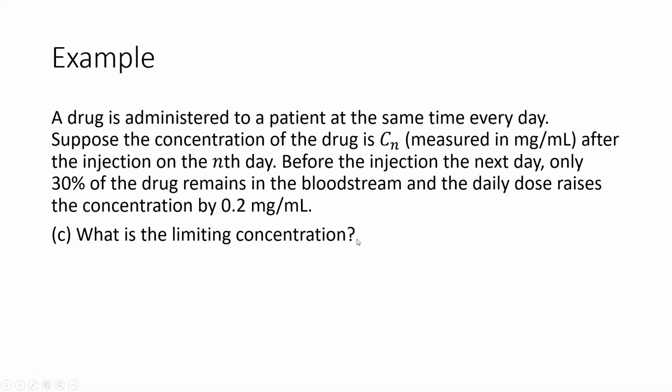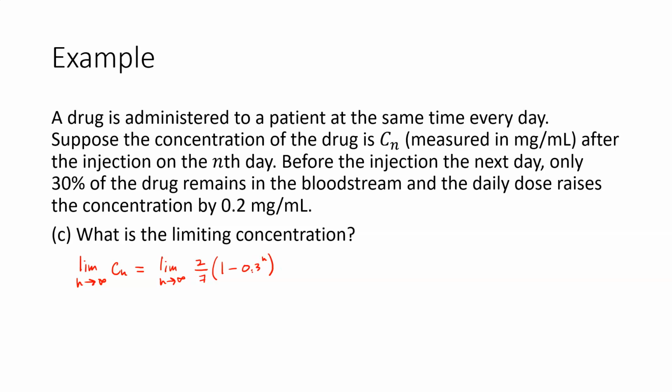What is the limiting concentration? In other words, what happens as I take n to infinity? And we notice here, we can use the Cn formula that we had in the previous slide. So this would be the limit as n goes to infinity of 2 over 7 times 1 minus 0.3 to the n.